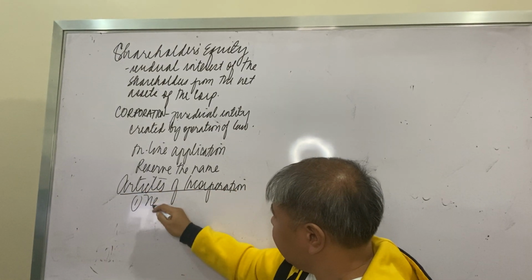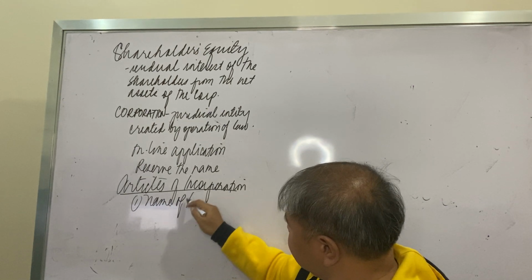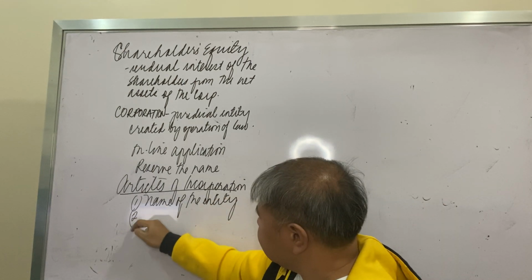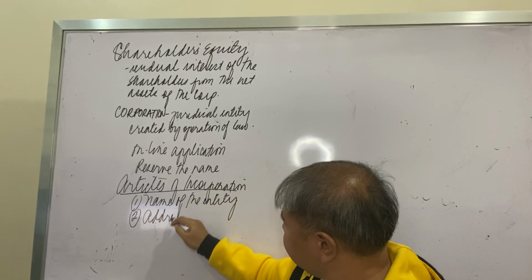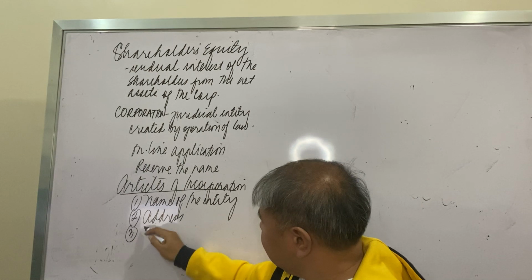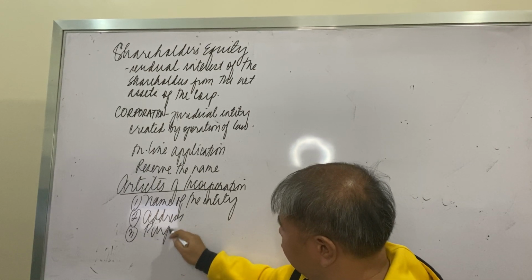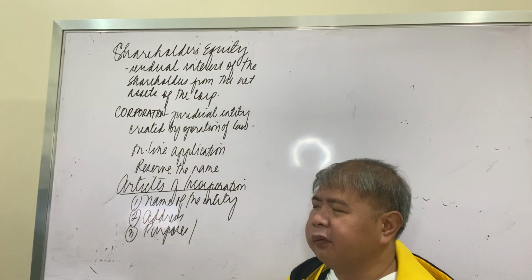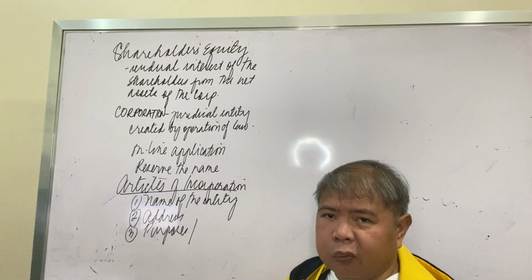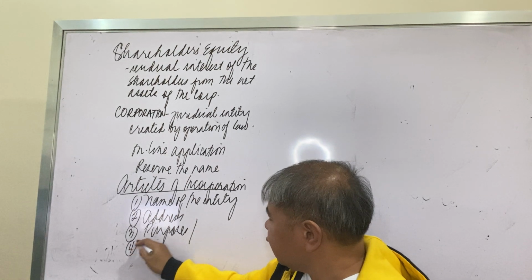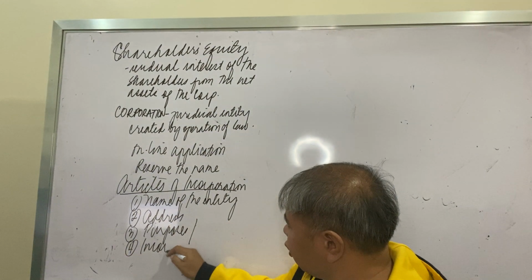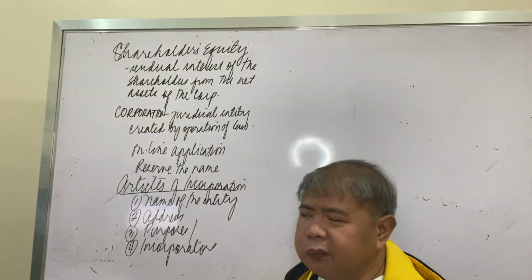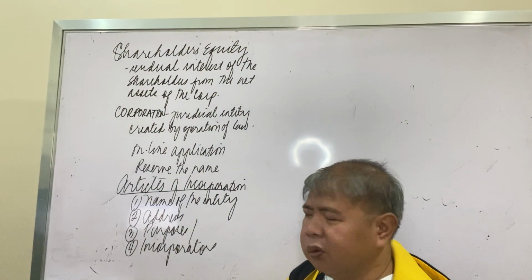Of course, number one, the name of the entity. Number two is the office address of the entity. Number three would be the purposes, why you have created the entity, and what's your motivation. Then what else? Of course, the incorporators. They are the first owners of the corporation.